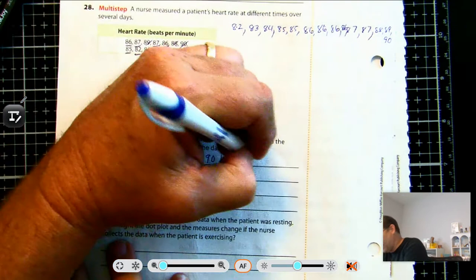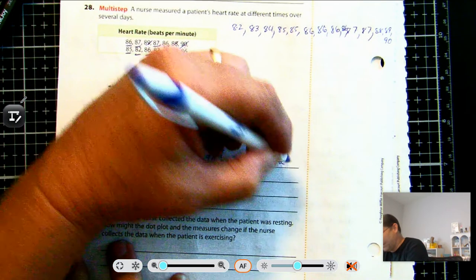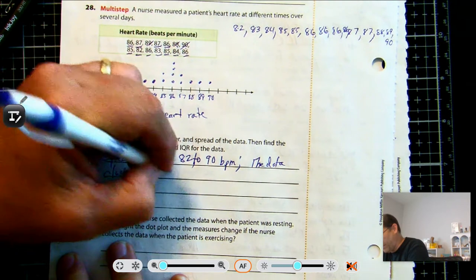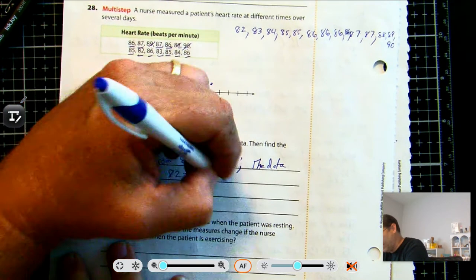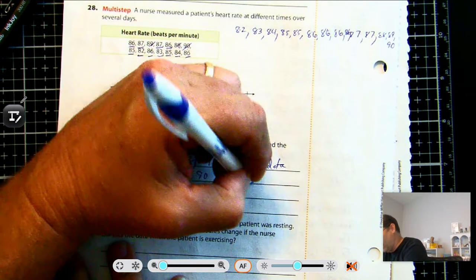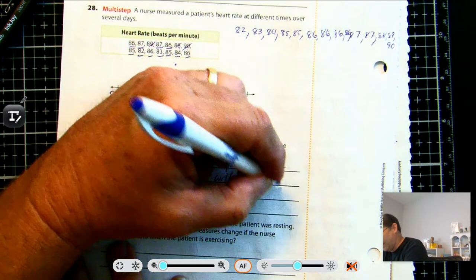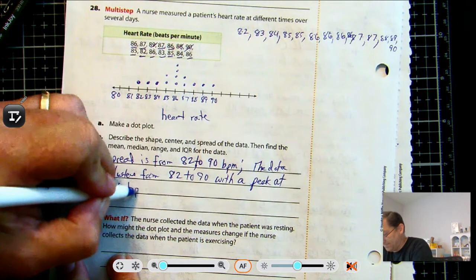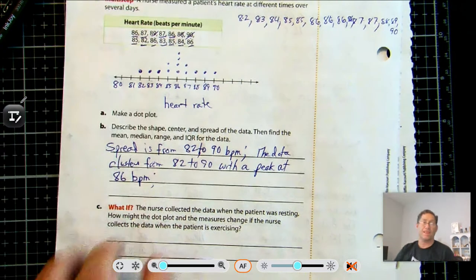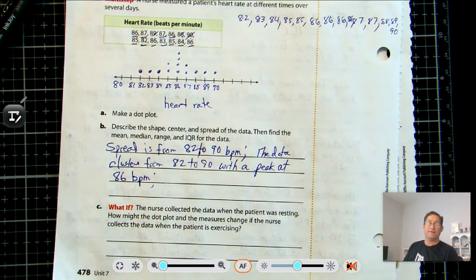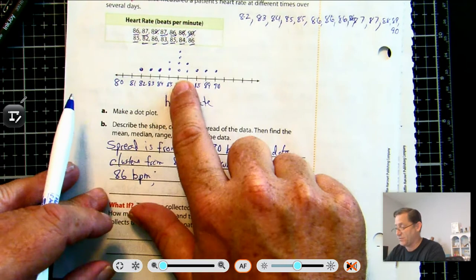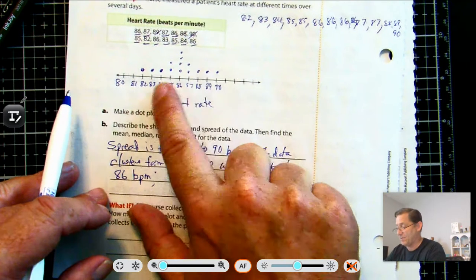The data clusters from 82 to 90 with a peak at 86. And in this case, the data is symmetrical, right? If 86 is the center of distribution, it's exactly the same on both sides.